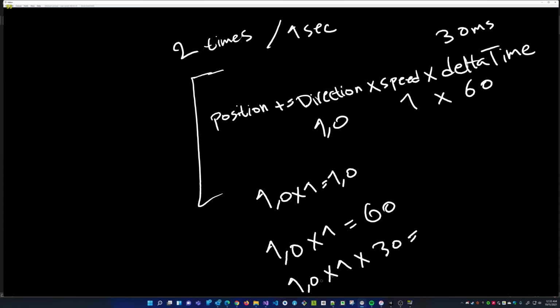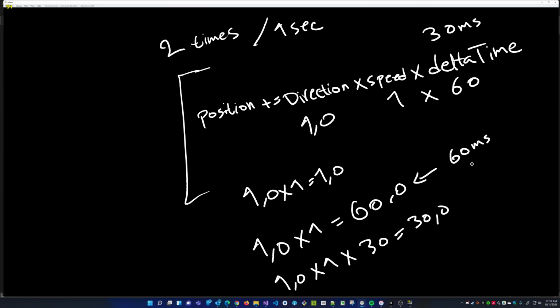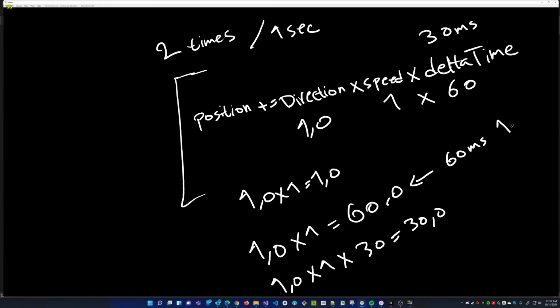So now this is (30, 0), and this is (60, 0), right? This was happening when it took 60 milliseconds to render my frame. And that means 1 FPS.